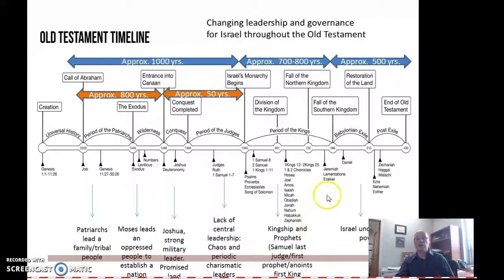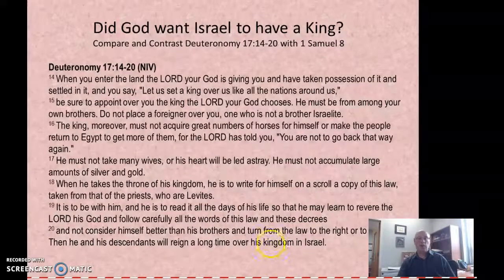As we get into the later prophets, we'll talk about how Israel falls under foreign powers again, and how God works with his people when he's under foreign powers. So this is a good way to envision the historical timeline of the historical books, but also the whole Old Testament and how this changing leadership was necessary. Let me move on.